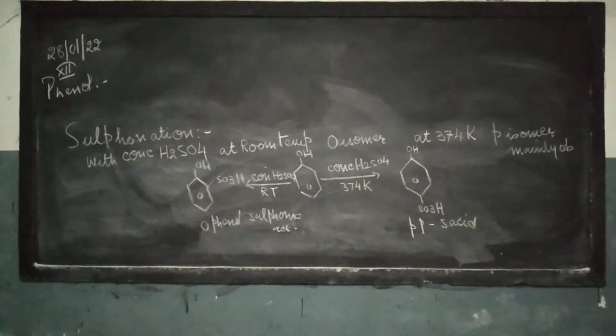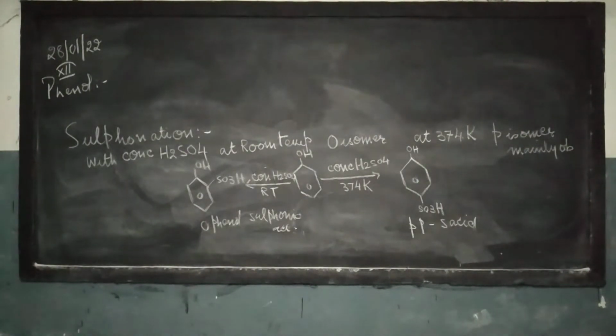At 374 K, the para isomer is mainly obtained. We write phenol in the center. On the left-hand side, we have concentrated sulfuric acid at room temperature.